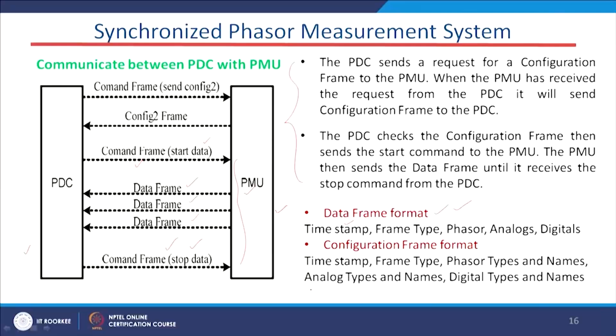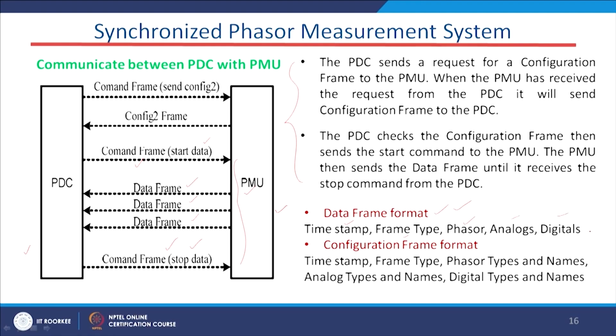Now, what is a data frame? The format of the data frame is also important. It has the time stamp, and also the frame type, the phasors, voltage and current phasors, analog or digital.